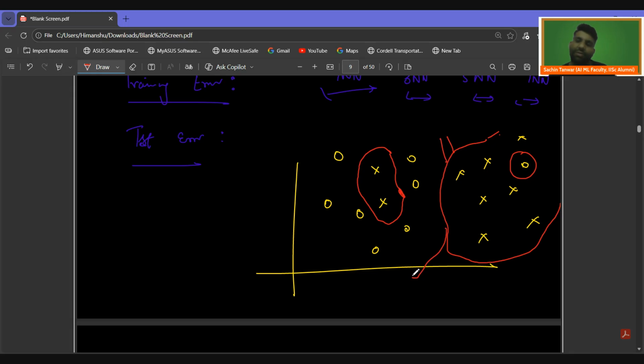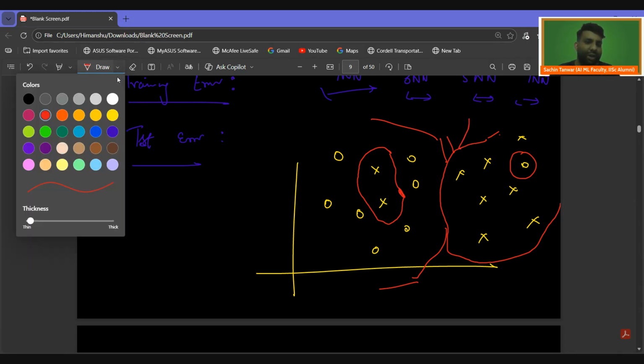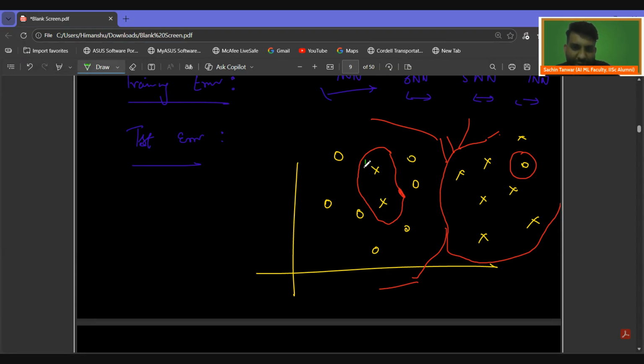Something like this. I don't want to close it up, so that's why I'm not creating any boundary over here. And this would also go something like this only. If I consider 3 nearest neighbors, it is going to be limited to something like this. Very small boundary would be there for it to be called as this.